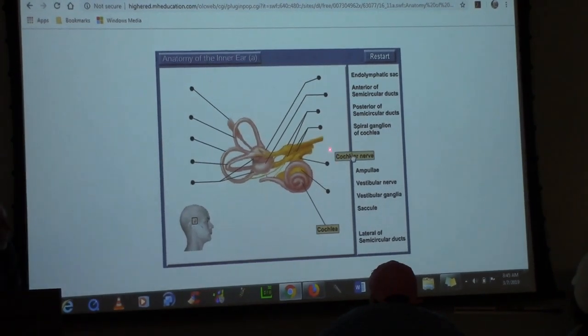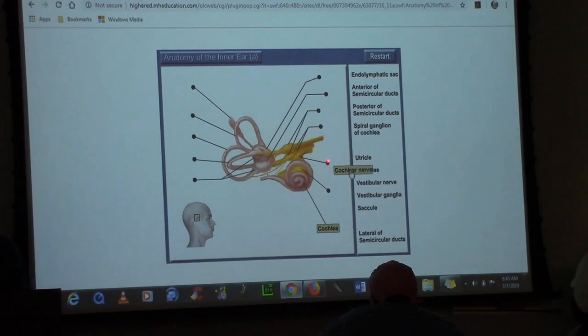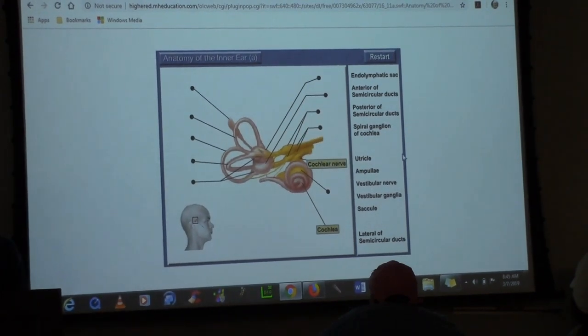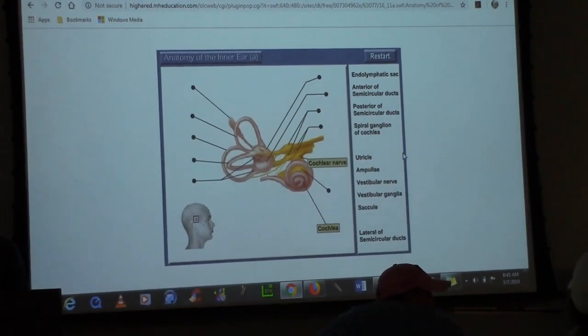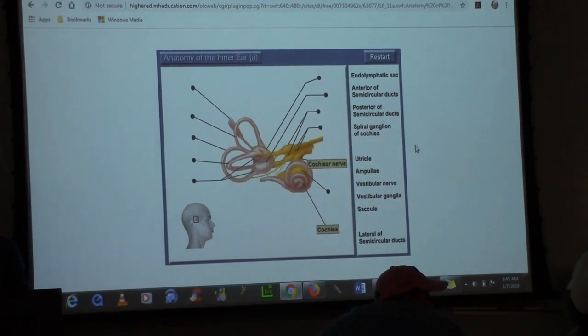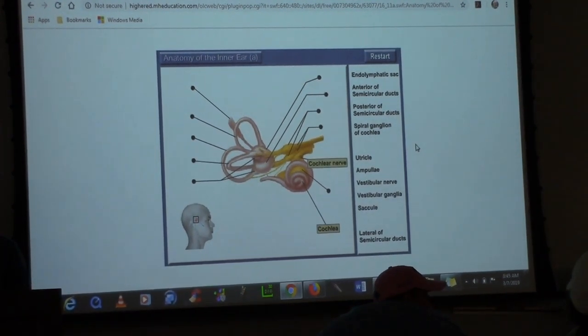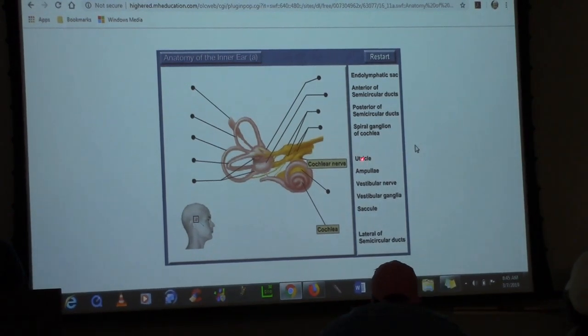Cochlear nerve is where? Yeah, that's right.